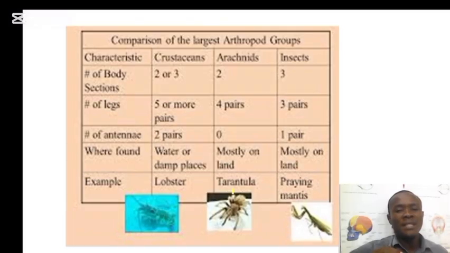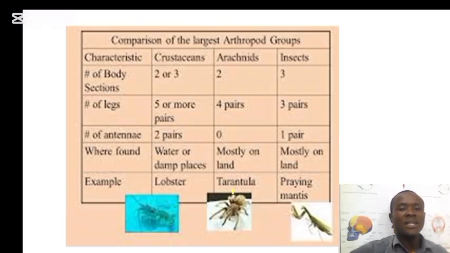You can use those differences to identify the other two classes. The Diplopoda have two pairs of legs per segment, and the Chilopoda have one pair of legs per segment. The Diplopoda have a cylindrical body shape, but the Chilopoda have a dorsoventrally flattened body. That means their body is flat.